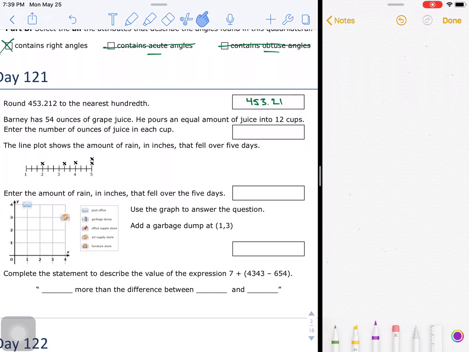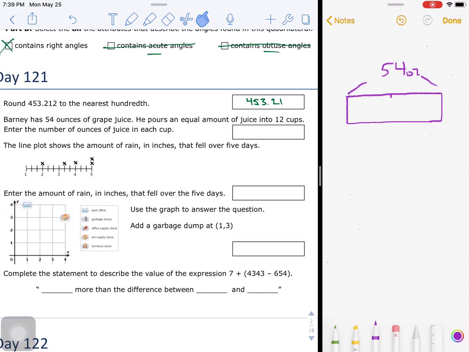Well, as I look at this, we know that this is a division problem because he takes an amount and he splits it up, or divvies it up, amongst his 12 cups.